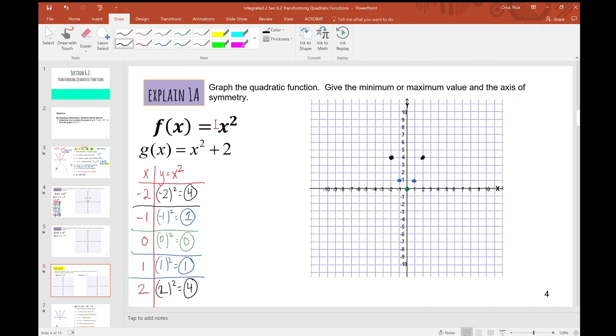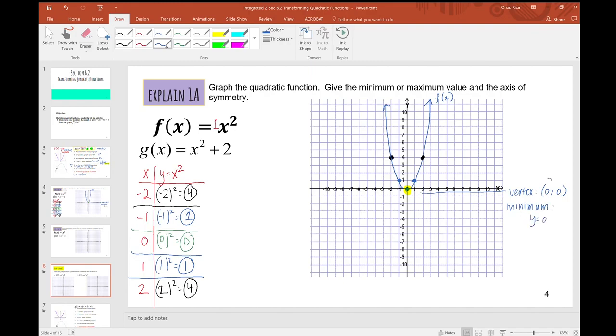Now I'm going to draw my curve, and I'm going to label my graph f of x. In f of x, I know that my vertex is at 0, 0. And because the parabola opens up, I have a minimum value at y equals 0.